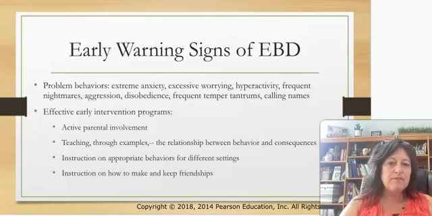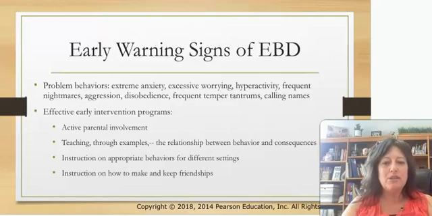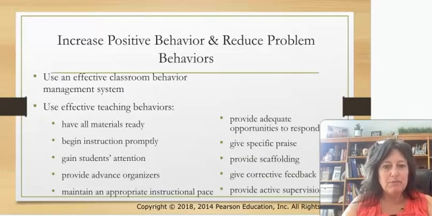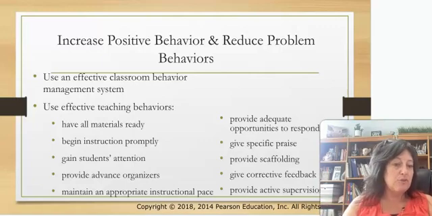So effective early intervention programs are going to include active parent involvement and teaching through examples, the idea of modeling the relationship between behavior and consequences, and instruction on appropriate behaviors in different settings, and how to make and keep friendships. So increasing positive behavior and reducing problem behavior happens by using an effective classroom behavior management system and utilizing those effective teaching materials.